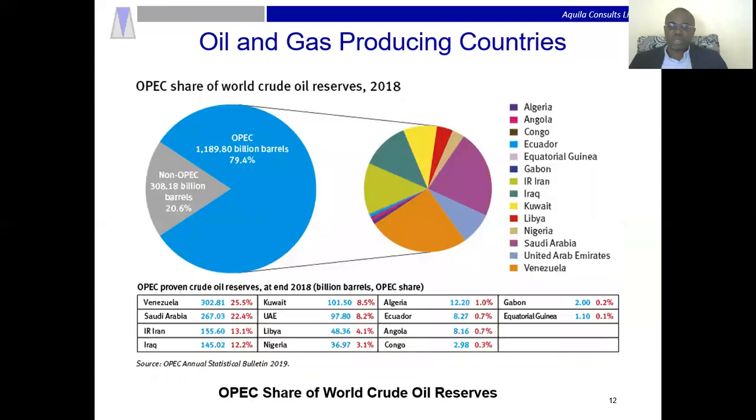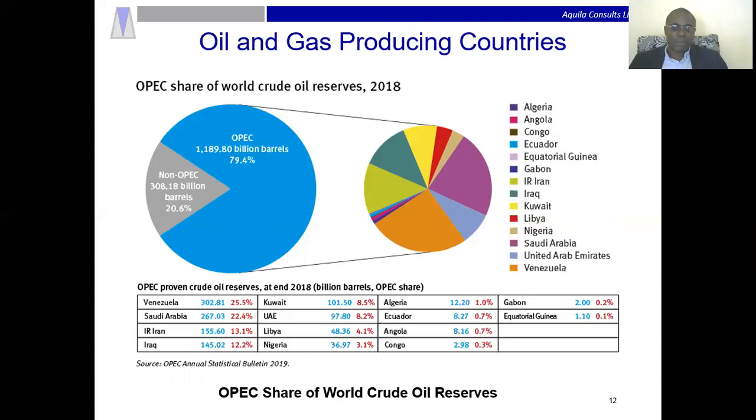This next chart just shows the OPEC countries' reserve. So first, the blue chart shows OPEC versus non-OPEC. So you could see the reserve, about 79% of the crude oil. But also the table below shows the distribution among the OPEC members.